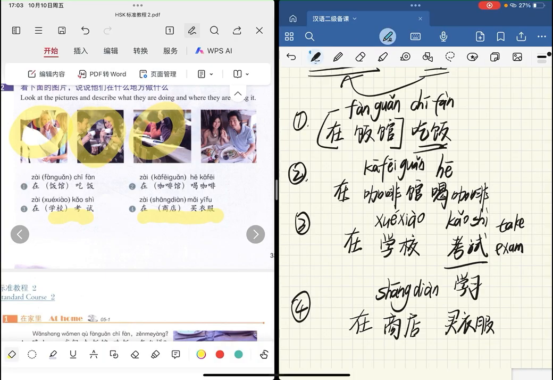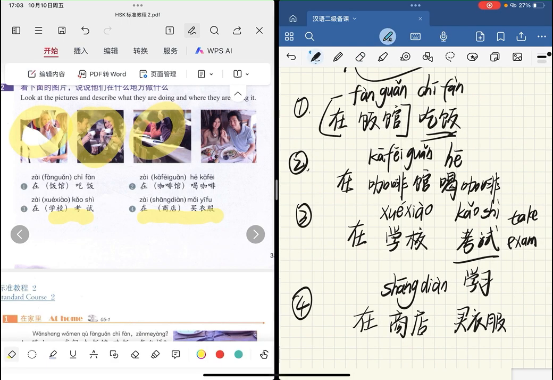Okay, now I know you're studying at home, right? You are studying at home. We can say 在家, at home.